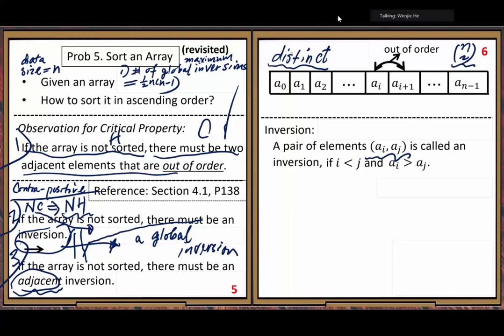The second number is the number of adjacent inversions. How many? Can you see the maximum number of adjacent inversions? Only adjacent pairs.